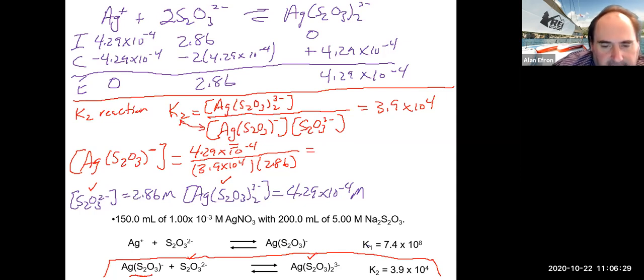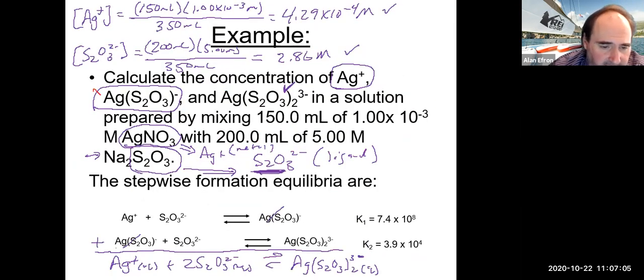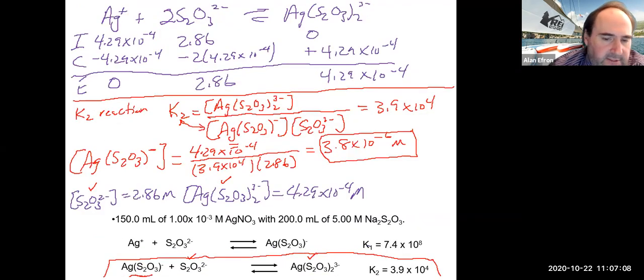And that gives me something like 3.8 to the minus 9 if you do scientific notation, or a bunch of zeros and a 4 at the end if you didn't. And that now gives me the concentration of the third thing I'm looking for, which is this guy. Any questions on that there?